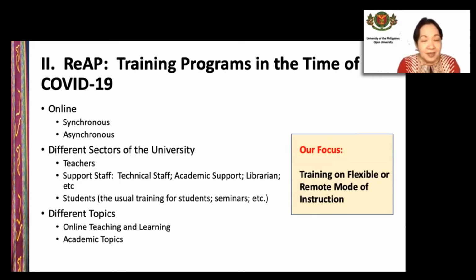Okay? So different topics, of course, online teaching and learning, other academic topics, you may want to look into that. But again, our focus, our interest is how the training program that you will plan on online teaching and learning. Okay?